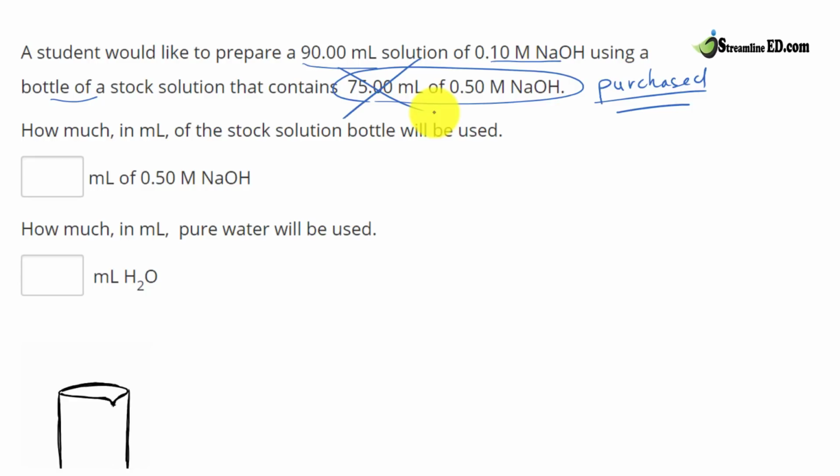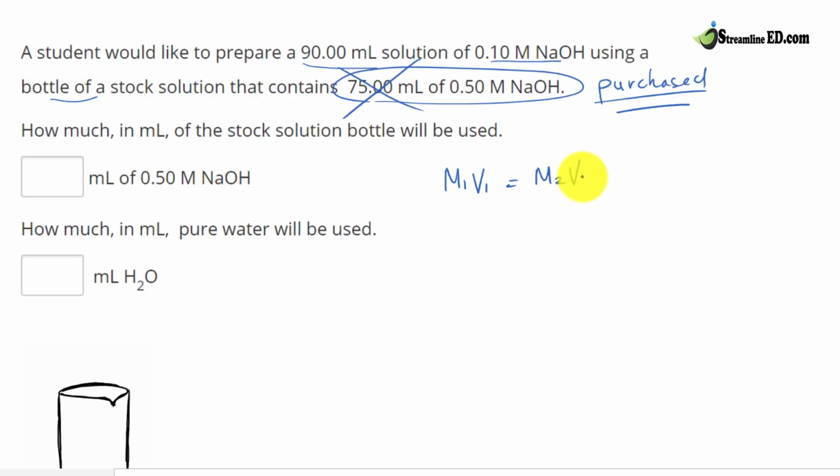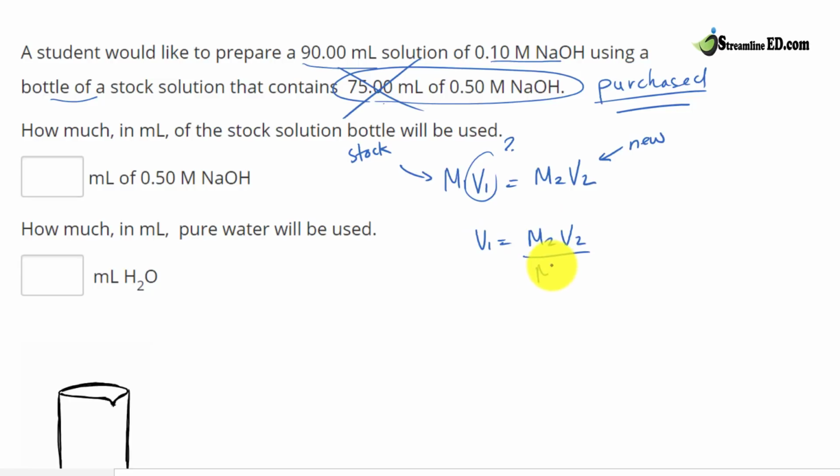So to solve this problem, again, we have to use this relationship M1 times V1 equal to M2 times V2. And again, this is from our stock bottle, and this is from our new solution. We don't know how much we are going to use from that 75 milliliters, so we have to solve for it. So V1 is equal to M2 times V2 divided by M1. All we have to do now is substitute it in.